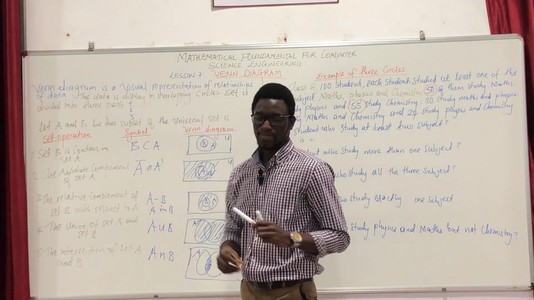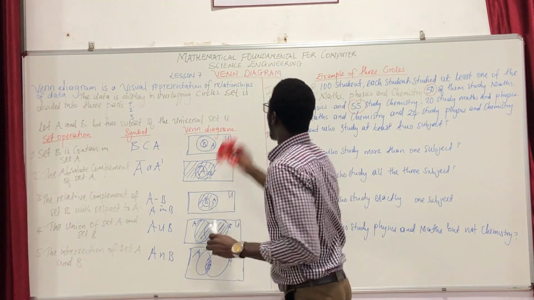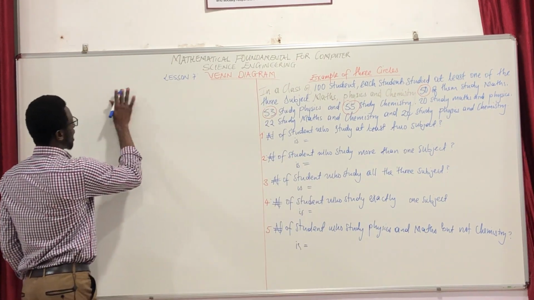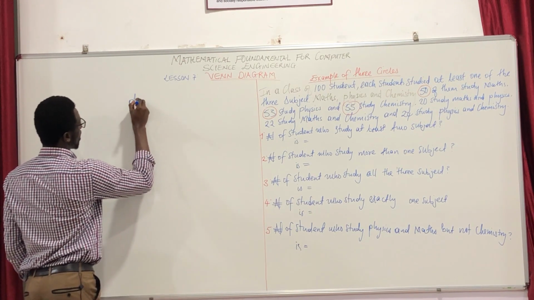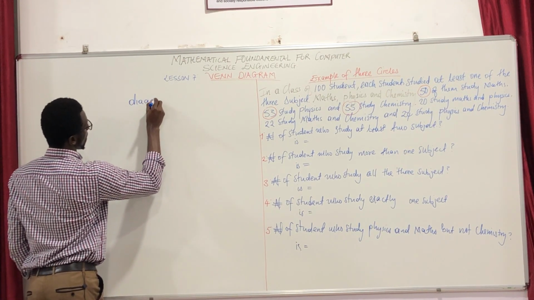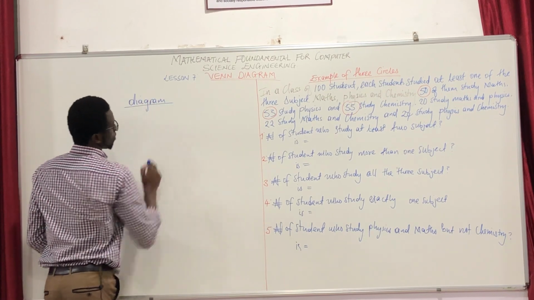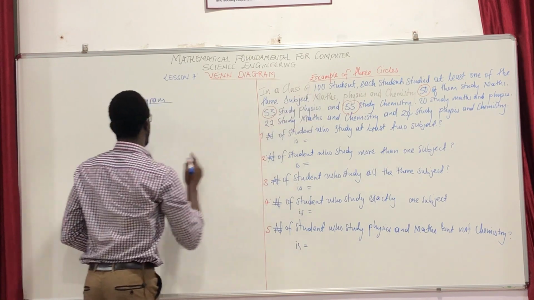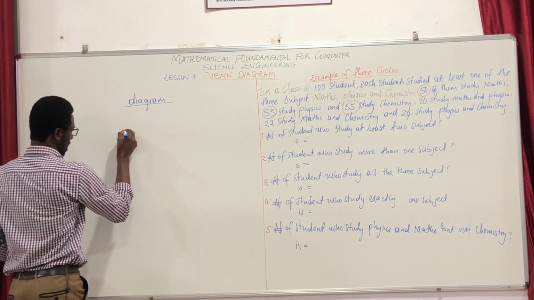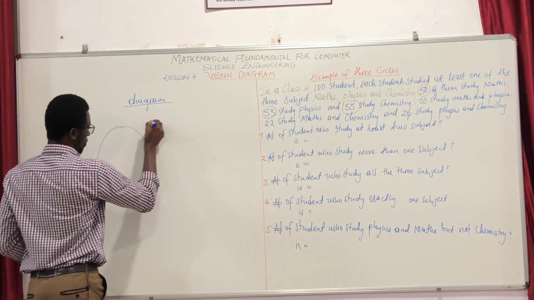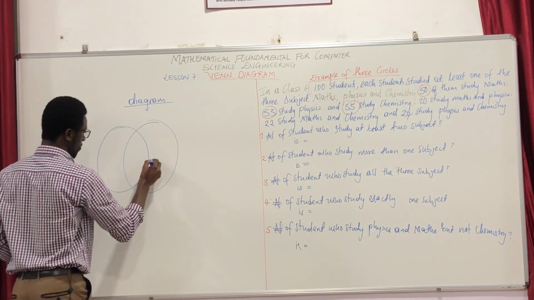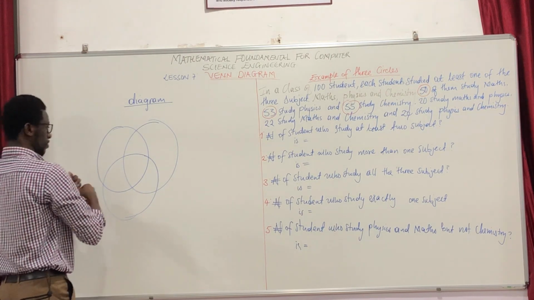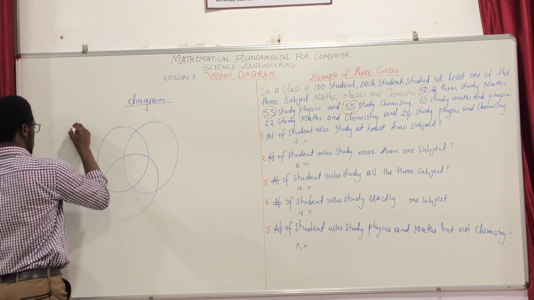So let's see here. We'll start by drawing the diagram, the Venn diagram. So from the problem there, you see we have the universal set, which is 100. But first, let's try to draw this diagram for all the subjects and make it much bigger so we can understand.